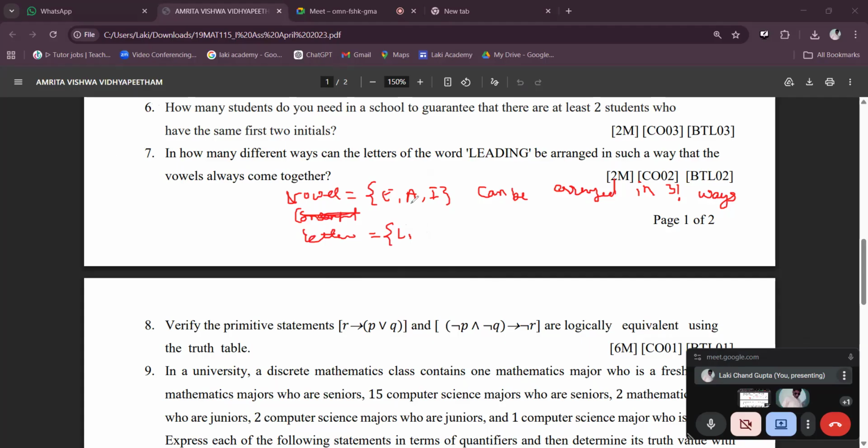L, D and G, considering the whole vowel group as one, can be arranged in 5 factorial. So total number of ways, 5 factorial into 3 factorial.